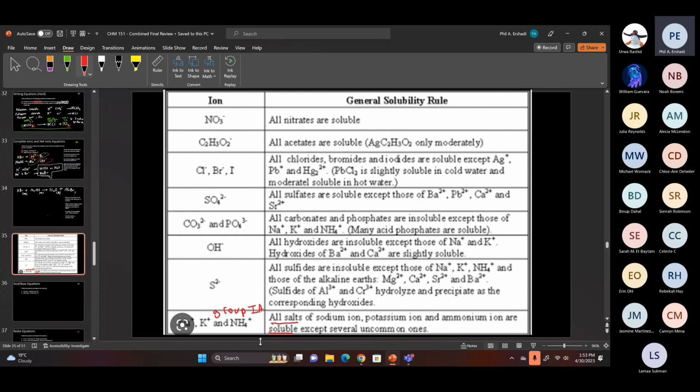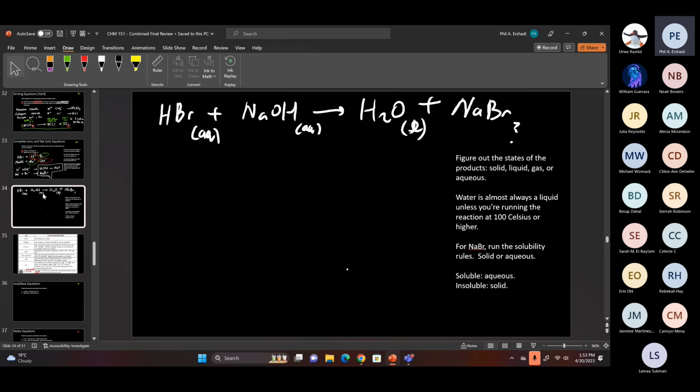It says several uncommon ones are not, you don't have to worry about that here. So for that reason, we are going to say it is soluble and aqueous. Okay, soluble always means aqueous, so we're just going to put a little AQ down there.